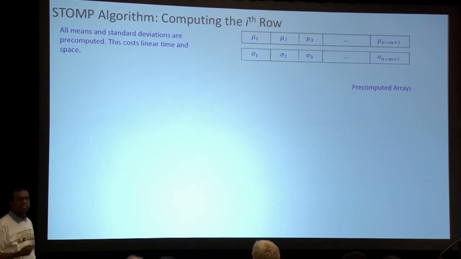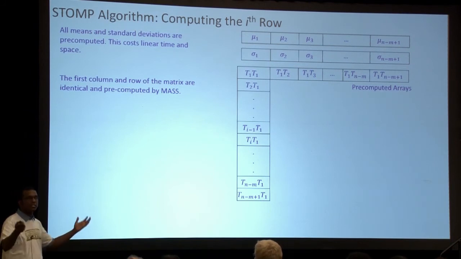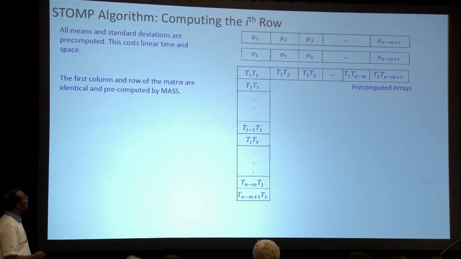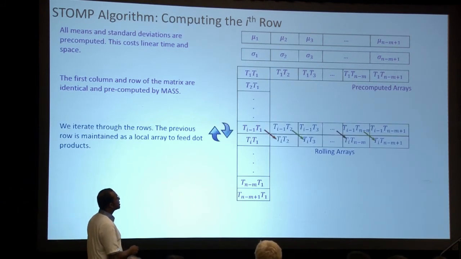So STOMP is this: you pre-compute all the means and standard deviations, in purple. You pre-compute the first row and first column, which are supposed to be identical. Then you iterate over rows, and while you calculate this row, you have a local variable that stores the previous row.